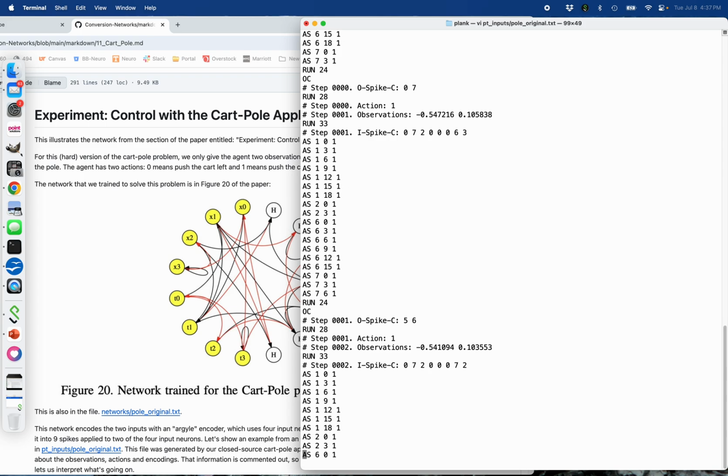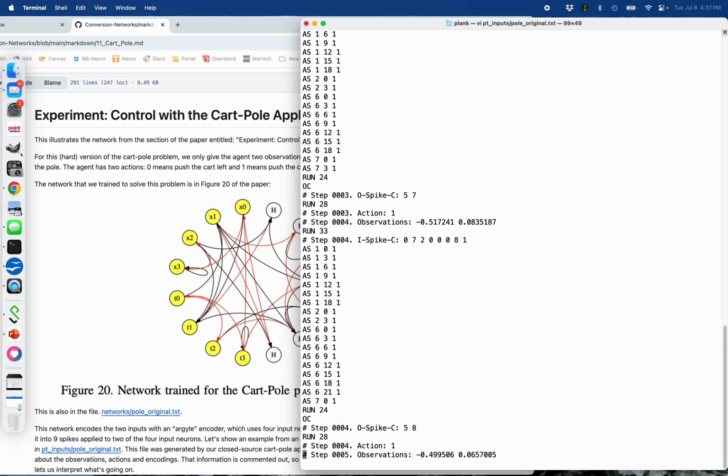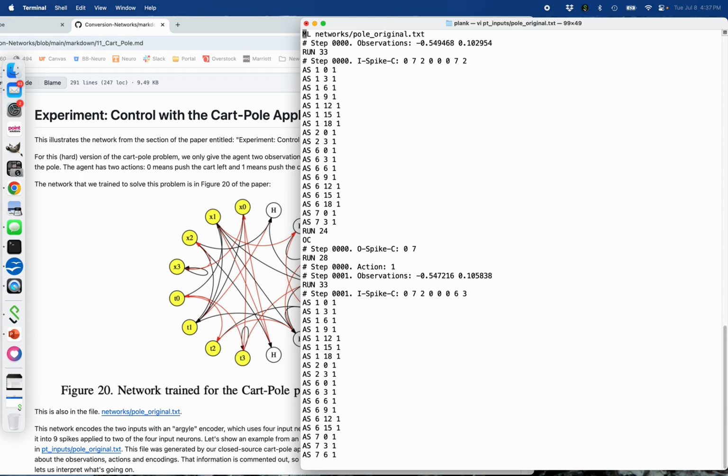You can kind of see as it runs, the angle gets smaller and smaller still, and that means that we end up shifting more towards T2, and in fact I bet now we've already shifted all the way from T3, and now we're actually using T1. That's how the Argyle encoder works.